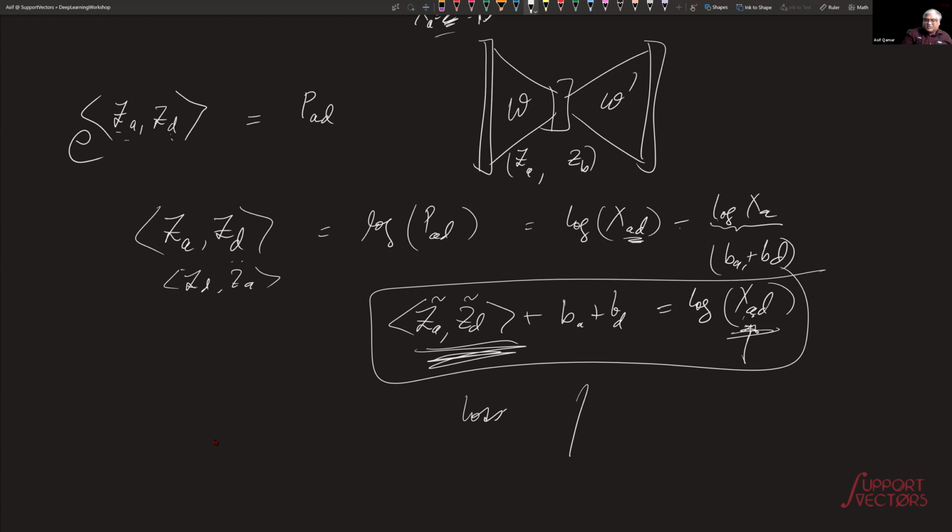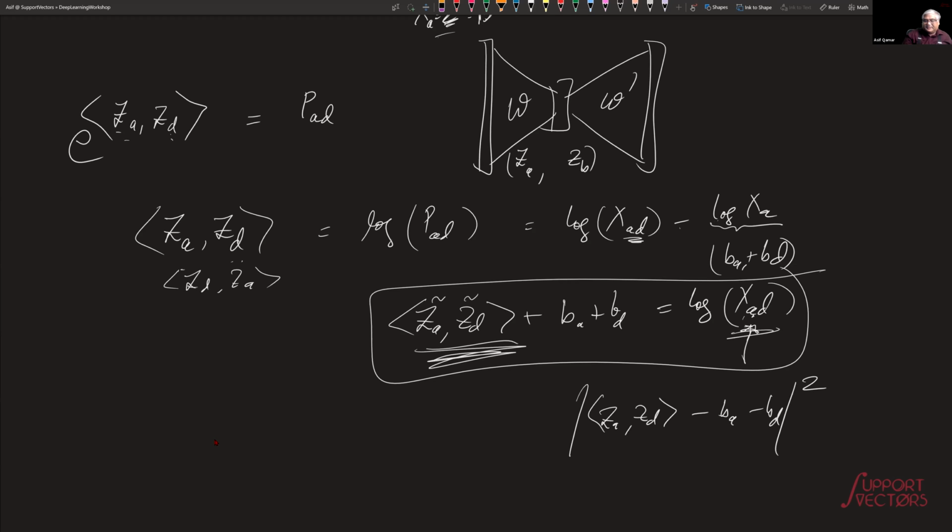literally the square of ZA, ZD, minus BA minus BD, and just square it, the typical sum squared error loss you're doing. And there is actually one more factor here for rarity, a decay factor, which you can gloss over.